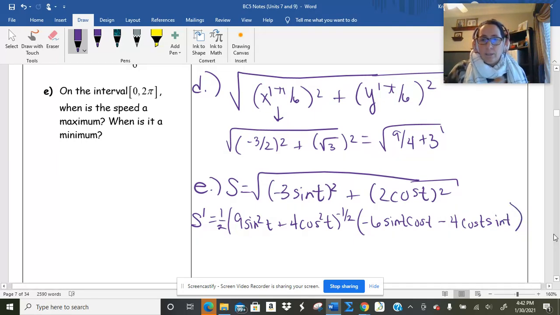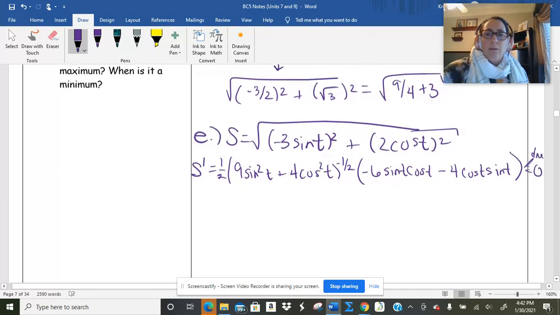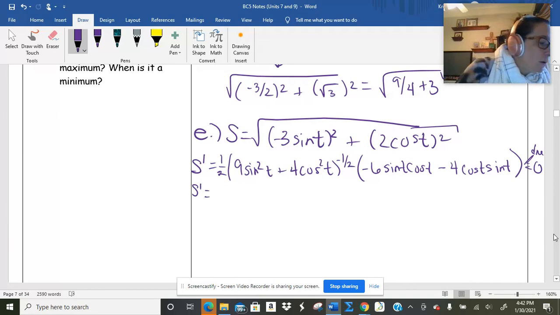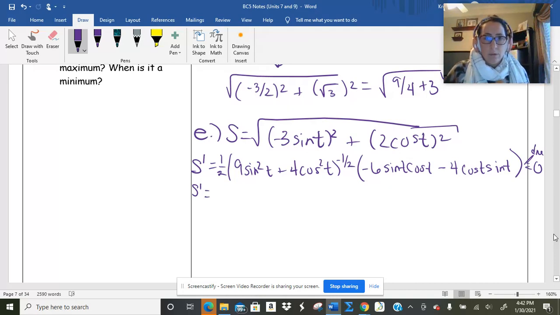And now I want to know where that equals 0. So I'm going to rewrite this. Oh, shoot. Okay, hold on, these are a little off. This would have been 9 on the outside and 4 on the outside, right?